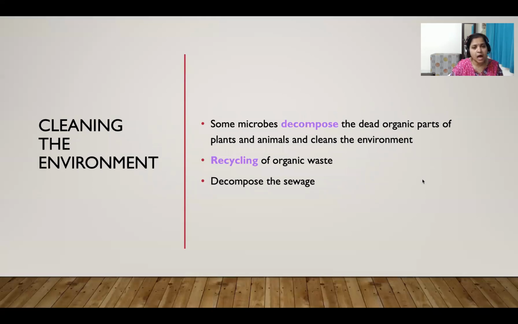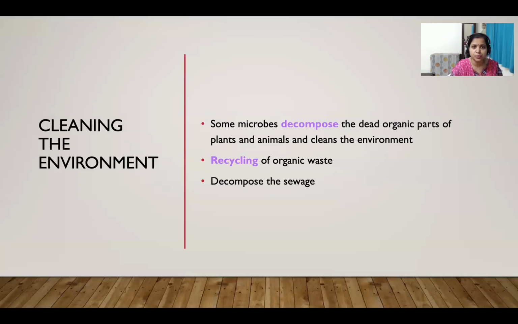Then next comes how they are helpful for cleaning the environment. Some of the saprophytic microbes decompose the organic parts of plants and animals and clean the environment. Okay, they are helpful in the process of recycling, as they are making it usable by the plants.